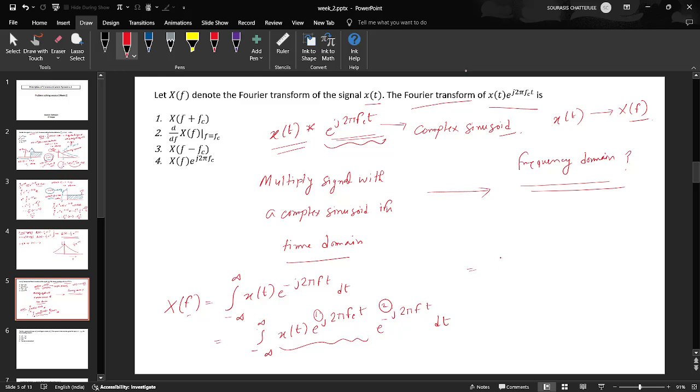So we can easily combine them: integral from minus infinity to infinity x(t) e to the power minus j 2 pi (f minus f_c) t dt. This is what we are obtaining. By the way, this is not equal to X(f), so that's a wrong notation. I'm computing it in an independent manner.